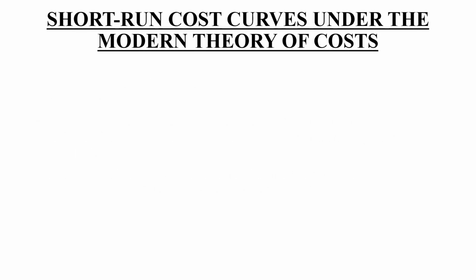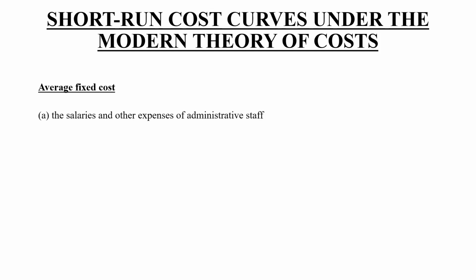Now let's look into the short-run cost curves and the modern theory of costs. The first one is the average fixed cost. This is the cost of indirect factors, that is, the cost of the physical and personal organization of the firm. The fixed costs include the cost for A. The salaries and other expenses of the administrative staff.